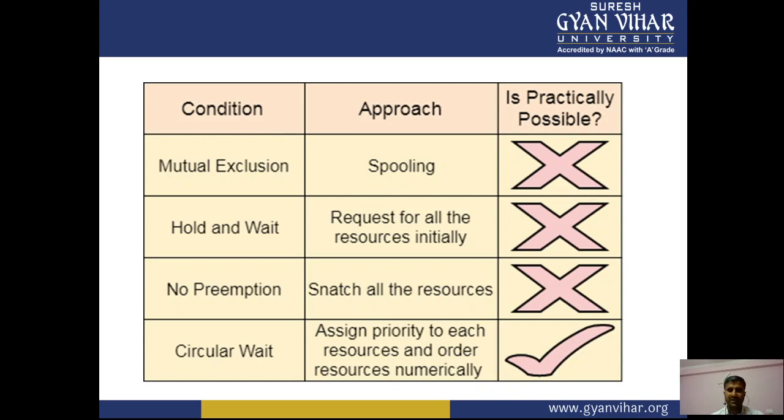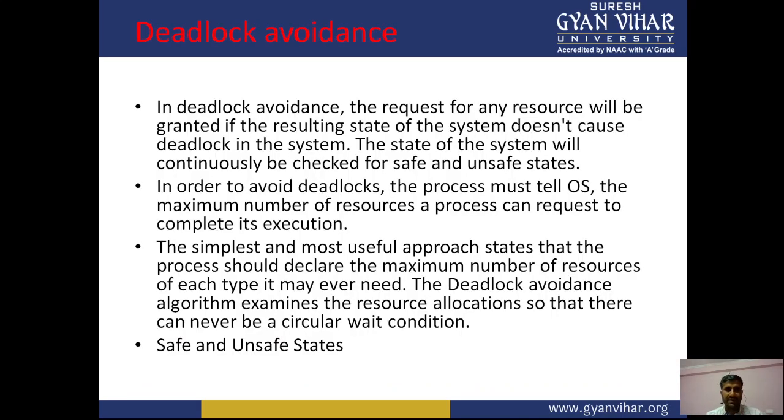If we snatch the resources from the process, then we can avoid such a deadlock situation, but if we implement this practically, then it is also not possible. Circular wait: assign a priority to each resource and number the resources. So this is possible practically; we can use circular wait prevention.